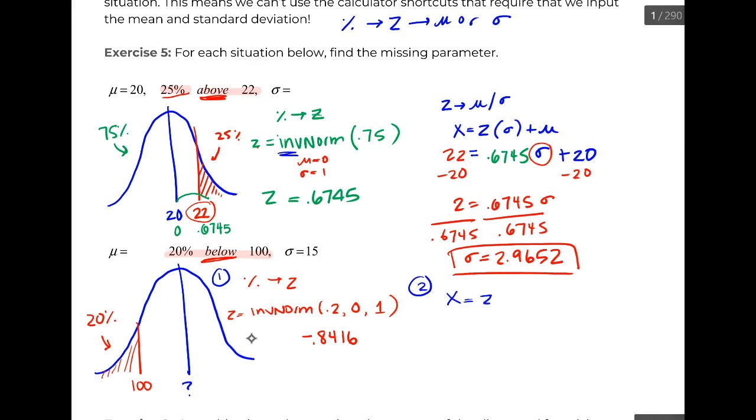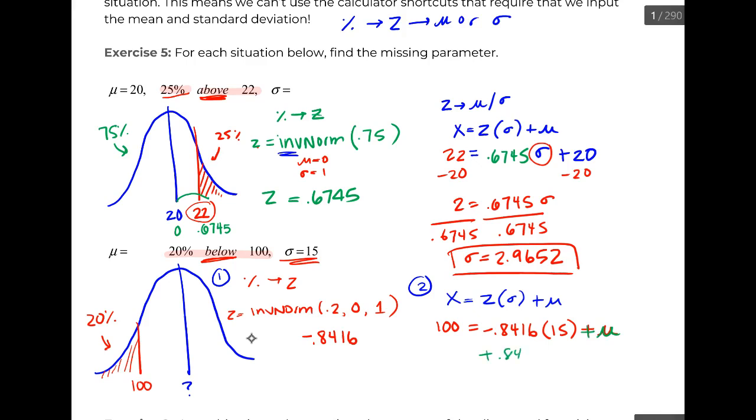X is equal to z times sigma plus mu. Our X is that cutoff of 100. Our z-score we just found, negative 0.8416. Standard deviation was also given. And then we have the mu that we're looking for, right? Plus mu.